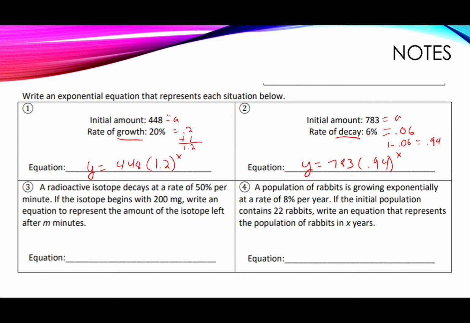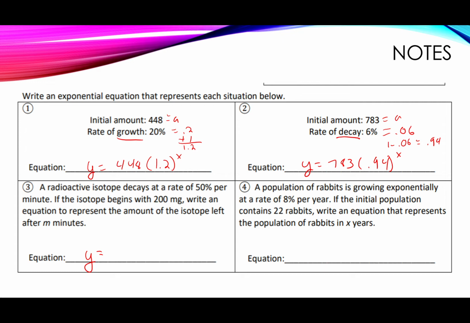Okay, number 3. And normally they're going to give you just a word problem that you're going to have to come up with an equation for. A radioactive isotope decays at a rate of 50% per minute. If the isotope begins with 200 milligrams, write an equation to represent the amount of the isotope left after m minutes. Well, so I've got y. What's my a?